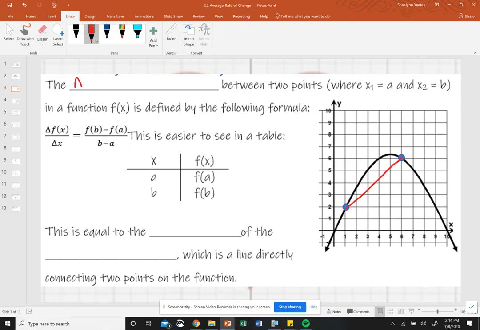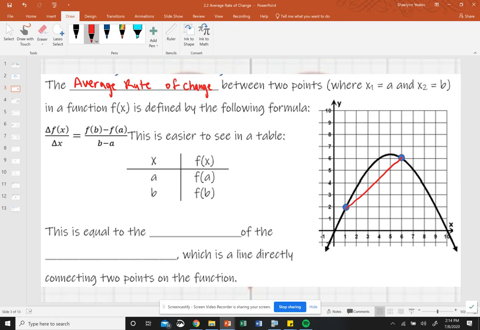So the average rate of change between 2 points, where x1 is a and x2 is b, and a function f of x, is defined as the following formula.